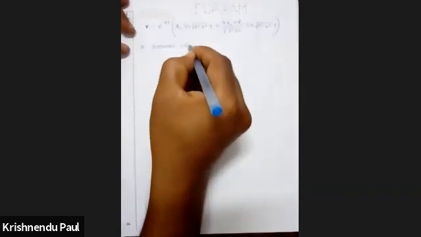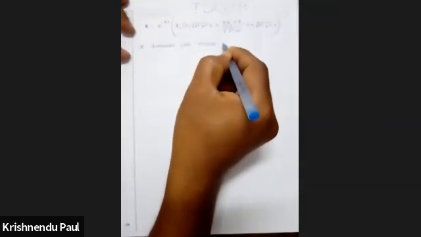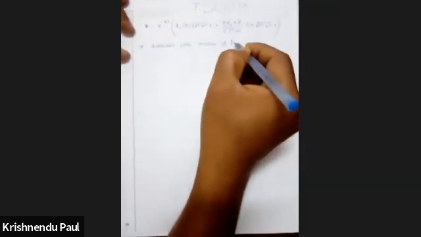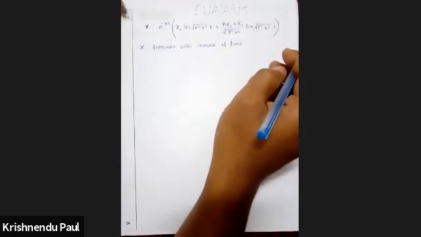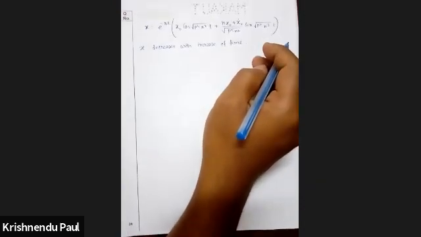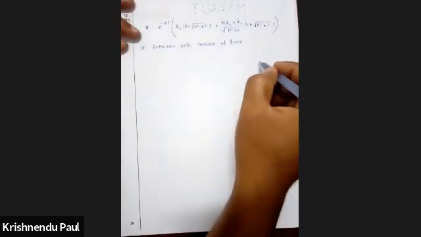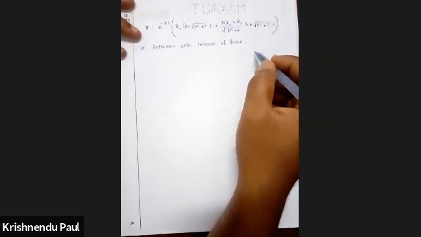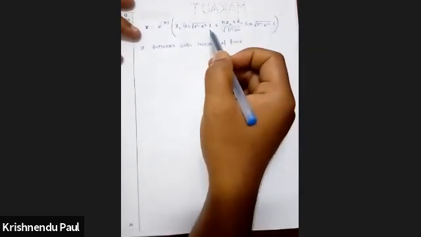So x decreases with increase of time. What we understood is that when the time is increasing, the amplitude of the oscillatory motion, the maximum amplitude, will decrease successively.